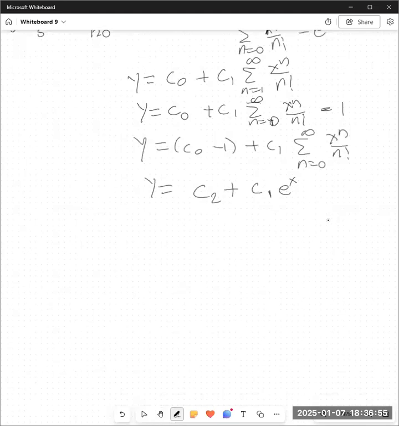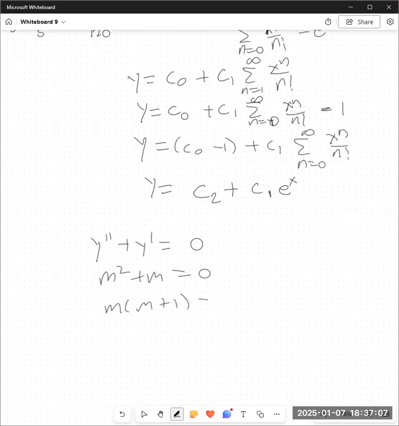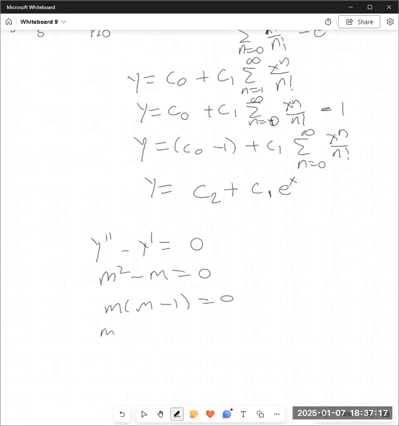Let's go ahead and look at what would happen now if we had y double prime plus y prime equals 0 and used our method from chapter 4. And we factored. Apologies, this is minus. So this is m equals 0, or m minus 1 equals 0, m equals 1.